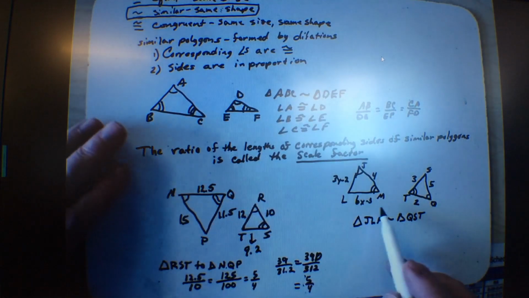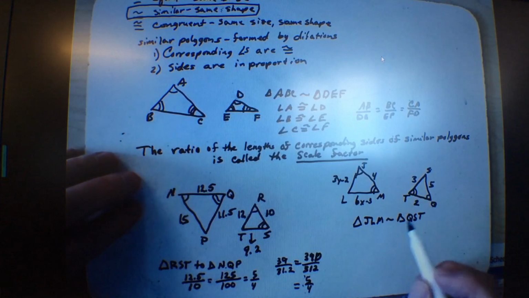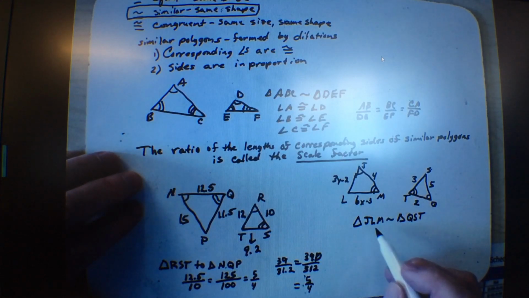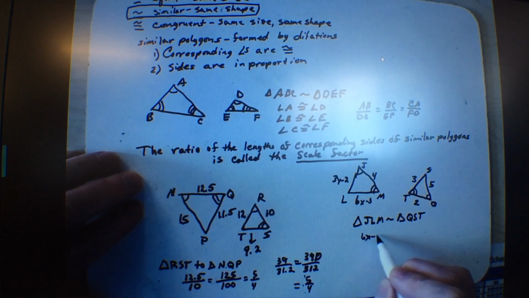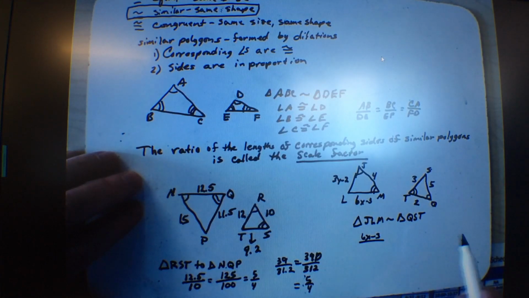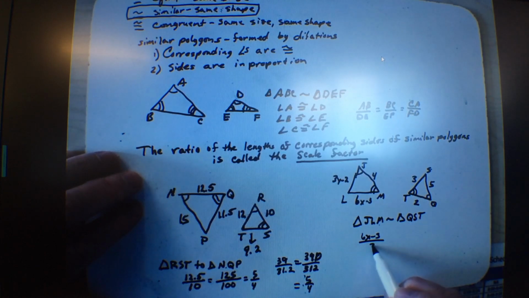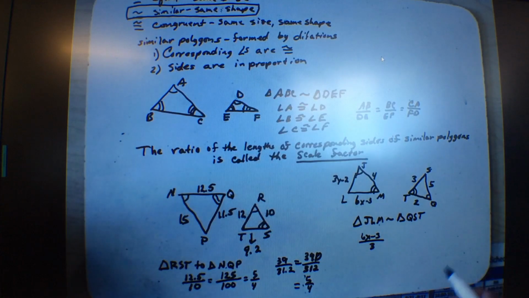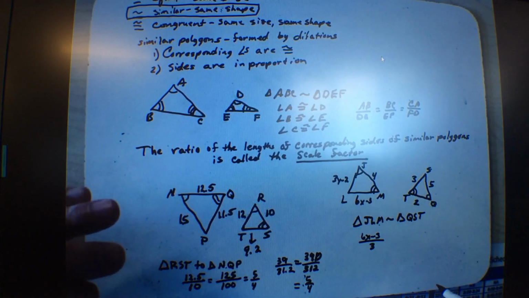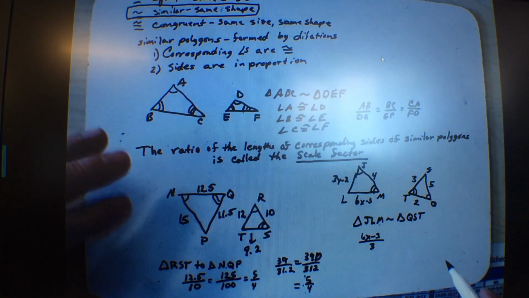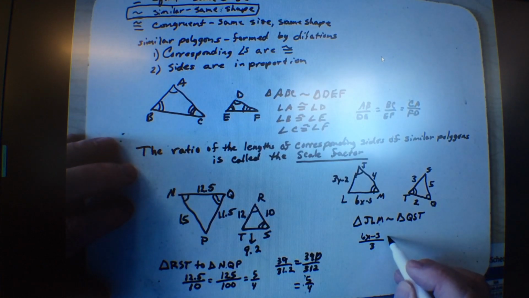So I'll start with X. X is LM, right? Okay, so I want to put 6x minus 3 over its corresponding side. If I look here, here's LM, that would be ST, correct? Which would be 3. Notice I didn't even look at the picture. Did you notice that? I just looked at the letters. Angel, we good?